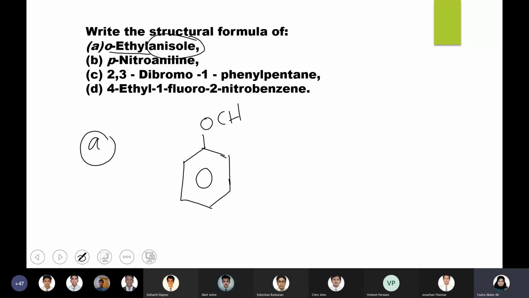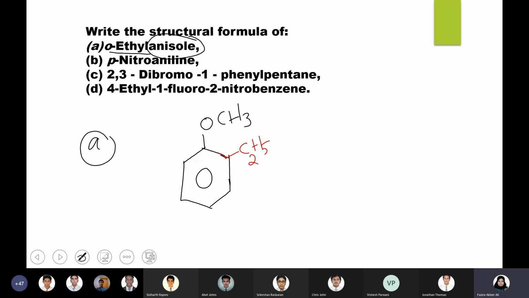This is the structure of anisole. But this is ortho-ethyl anisole. So you draw the structure of anisole, and with respect to it, at the ortho position, there is an ethyl group, that is C2H5.